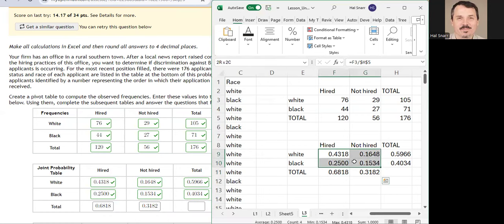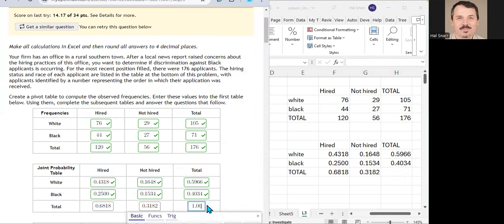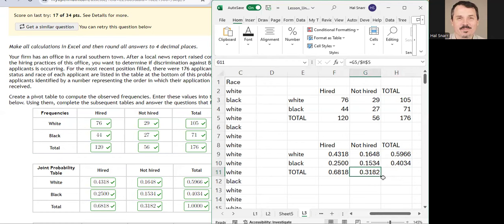Now, these 4 add up to 1, these 2 add up to 1, and these 2 add up to 1. So this right here is 1.000, right? Another way to think about that is we're just dividing this 176 by itself, right?